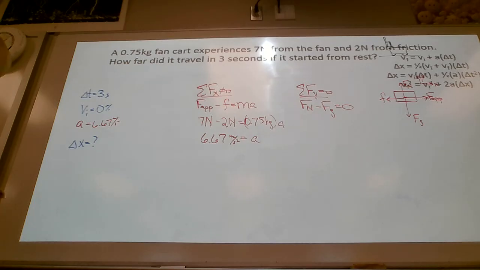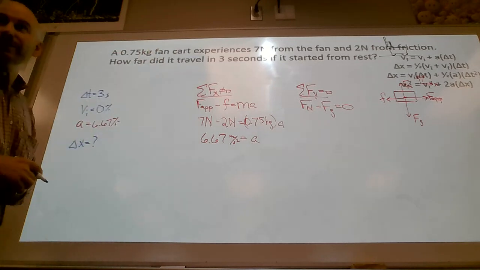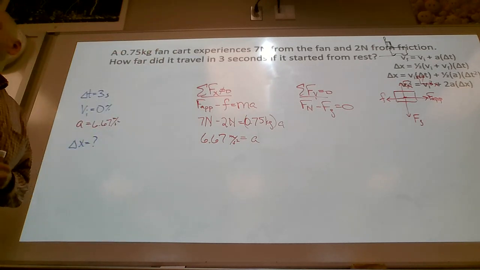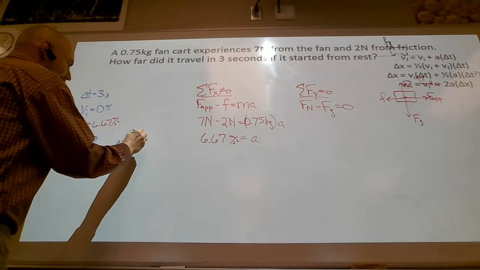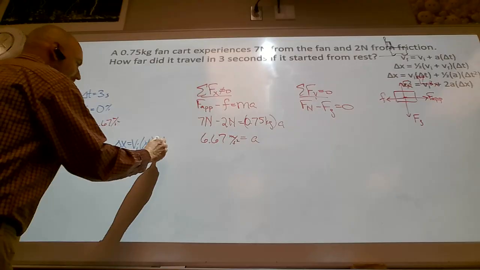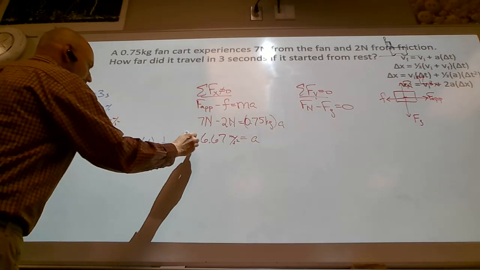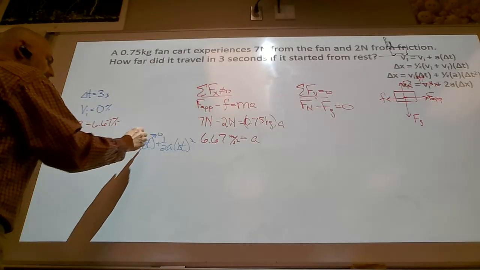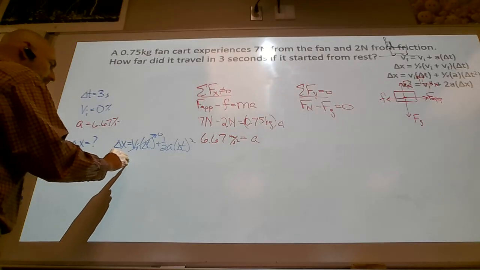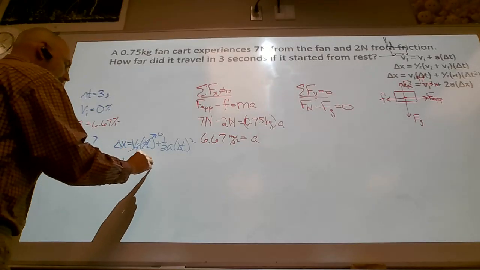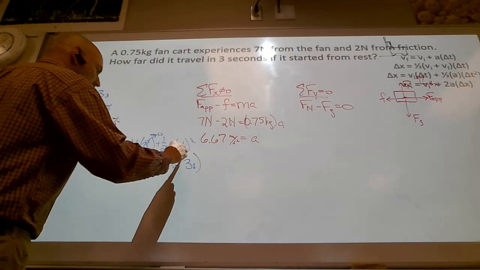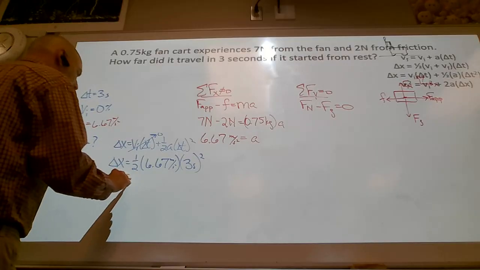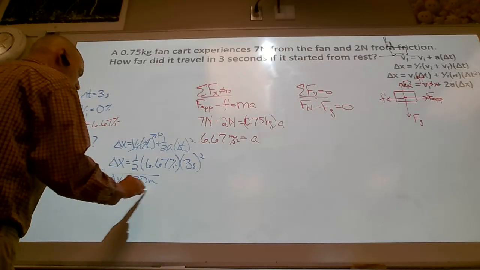So we're going to choose the third. It starts at rest. 1/2 times 6.67 times 3 squared. If you don't round, you get 30 meters.